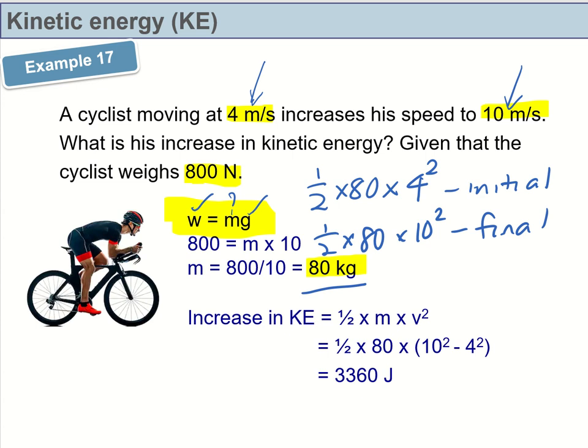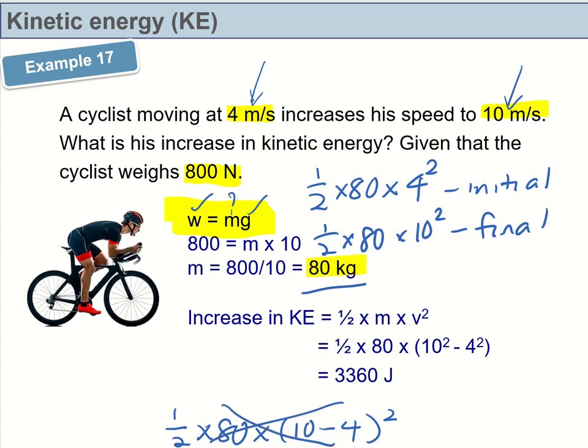Now this is when I want you to be very, very careful. If you want to do this shorter method, you can take 10 squared minus 4 squared, but you cannot say that it is half m times (10 minus 4) squared. Now, this is different.